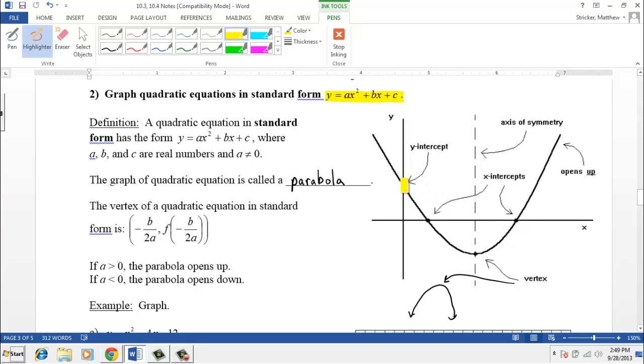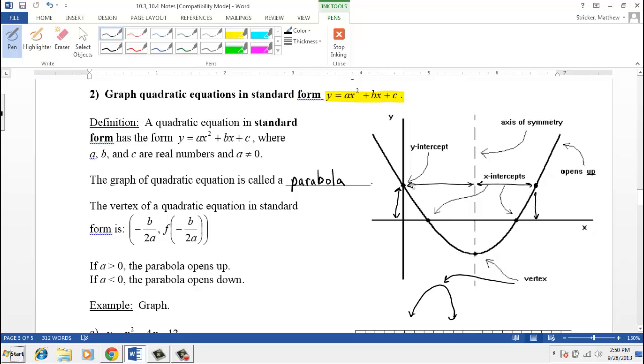And so where this y-intercept is, there should be another point over here the same distance from the axis of symmetry, and the same distance away from the x-axis as the y-intercept is. So that's because of the symmetry.